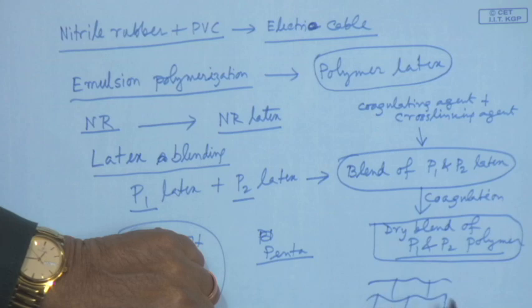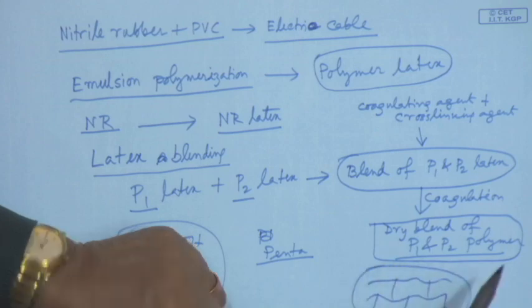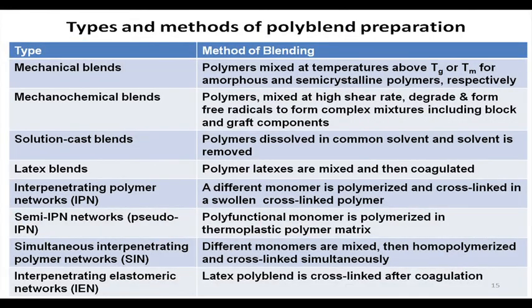That means, that will lead to a cross-linked polymer morphology. So, that kind of system is known as latex interpenetrating elastomeric network, and it is done from the latex stage itself.